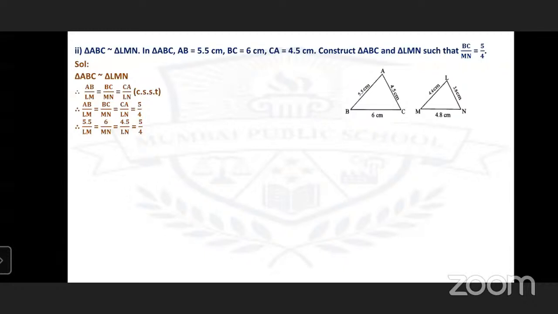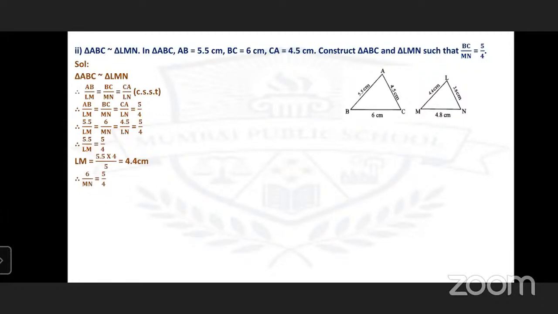Now comparing any two ratios, first we compare 5.5 divided by LM is equal to 5/4. Cross multiply it, then we get LM is equal to 4.4. 5.5 into 4 divided by 5, 1.1 into 4 is equal to 4.4. Then we consider the next ratio, that is 6 by MN is equal to 5:4. Again cross multiply it.